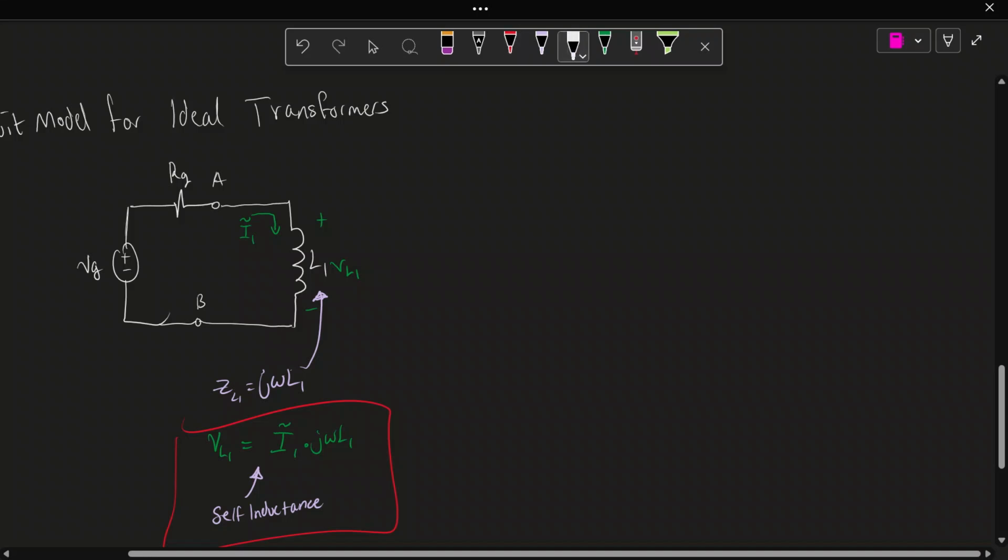Okay, but what if we have another inductor right across from it? And let's say this is the load resistor here, with terminals C and D, this is RL, L2. And we'll even call this plus minus, and the current going through it is going this way, I2.